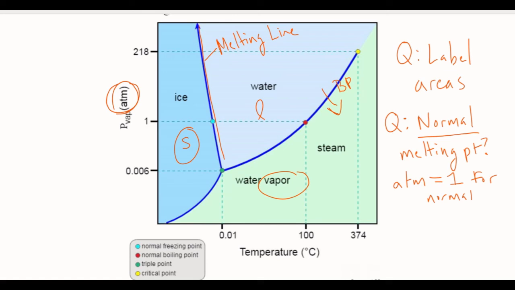This graph is in ATMs, but in your homework, it's going to be in kPa. So just look on the side of the graph there, and it'll be 101.3. That'll be for the homework. So you just find that on the graph. On mine, it's going to be 1, and you find where 1 hits the melting line, and whatever temperature that is, that will be the answer.